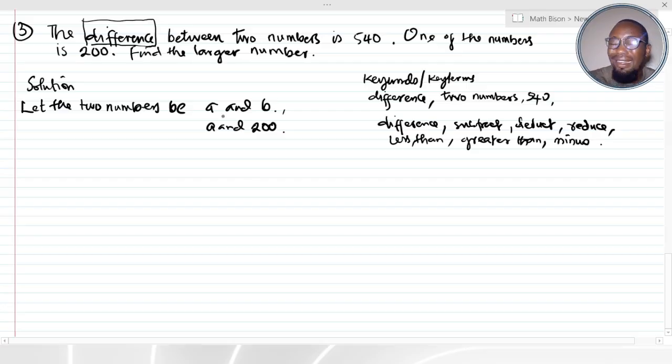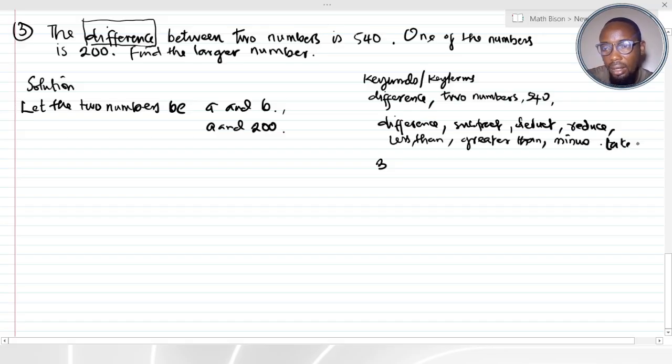Okay. If you are doing subtraction, and if your answer is positive, the larger number can only come first, before the smaller number. Then you can get a positive answer. What do I mean? Subtract can also mean take away, right?